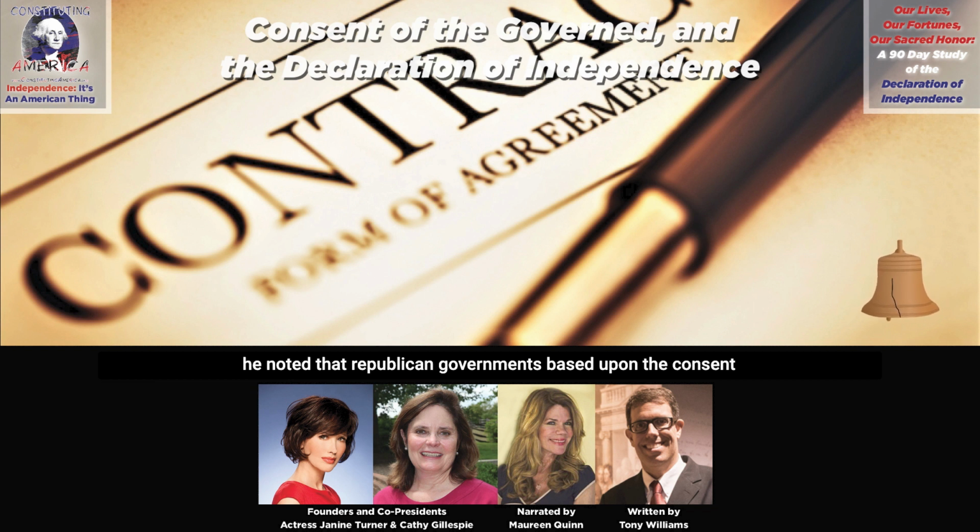Moreover, he noted that republican governments based upon the consent of the governed are rooted in free and reasonable deliberation, and persuasion is necessary in shaping just majorities. But it also means that the minority must submit to just rule. It cannot reject majority rule because it disagrees with a chosen course of action or does not win the debate.